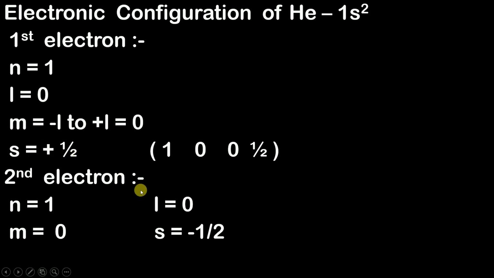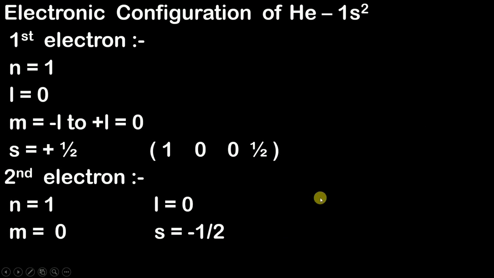It is obvious that the second electron is going to revolve in an anti-clockwise direction, because inside any orbital both the electrons revolve in opposite directions. Suppose one electron is revolving clockwise, then the second electron is going to revolve anti-clockwise. Therefore we take s equal to minus half.